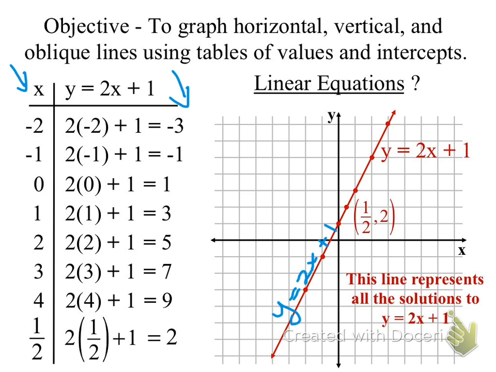And this line doesn't stop here. It goes on and on and on and on forever in both directions. And that's why we have our arrows on the end. Does that make sense? All right, so now I'm going to move on.